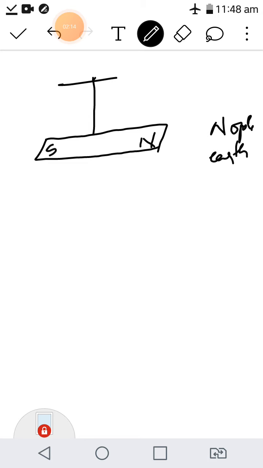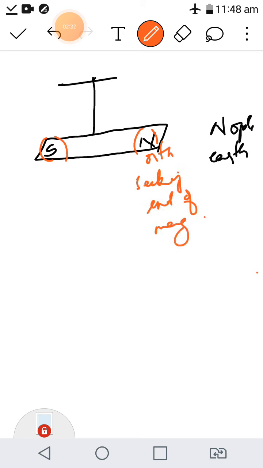The other end is the south seeking end of the magnet. Normally we call it the north pole of the magnet, and this is the south pole of the magnet. But the meaning is this is the north seeking end of the magnet, and similarly this is the south seeking end. Okay, it seeks the north pole of earth, that's the meaning.